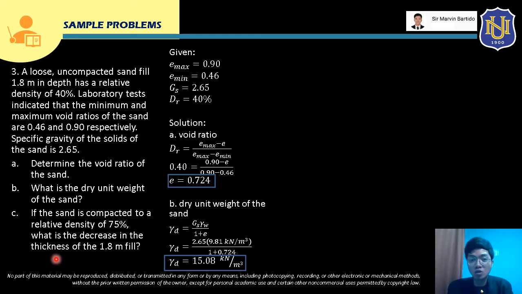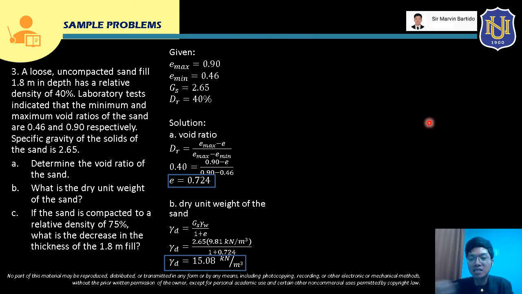No, or this will be the change of the thickness, no. So originally, class, yung thickness nung fill natin is 1.8 meter. So this is the thickness of the fill kapag 40% yung relative density natin. So class, kapag na-increase yung relative density, so of course mako-compact yan, 'di ba? Mas magiging compact siya. So yung mangyayari, class, magdi-decrease talaga yung thickness natin, 'di ba? Nung soil fill natin.